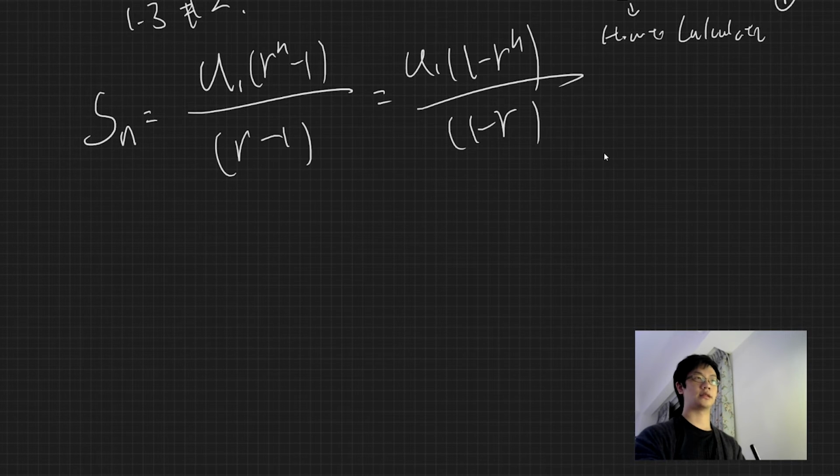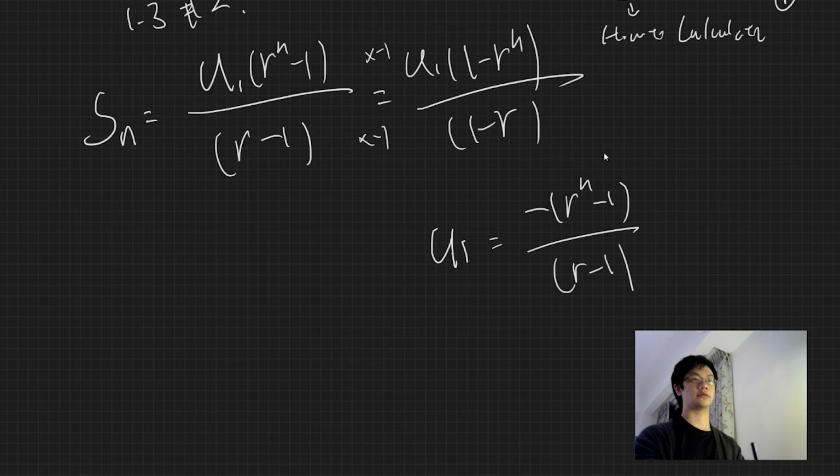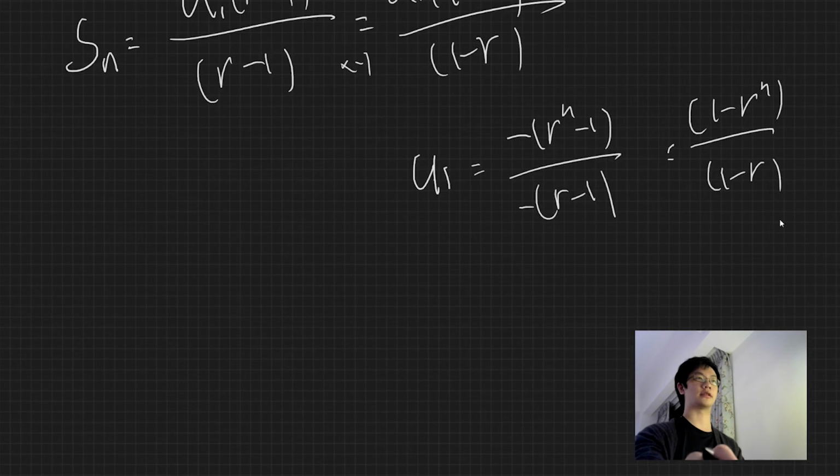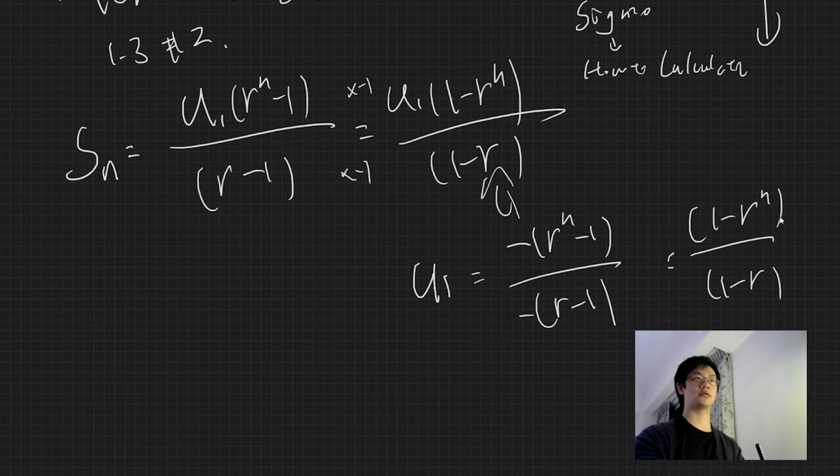Why is that? Because you're really timing -1 on both top and bottom, right? If I time both on the top, that becomes u1 times (1 minus r^n) over (1 minus r).